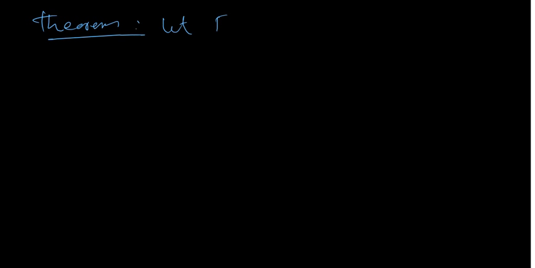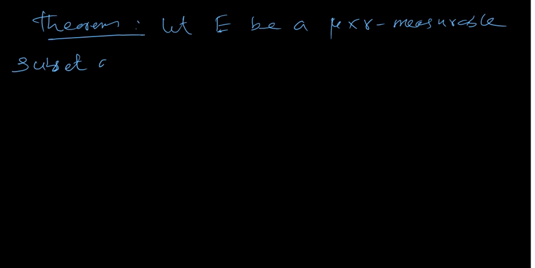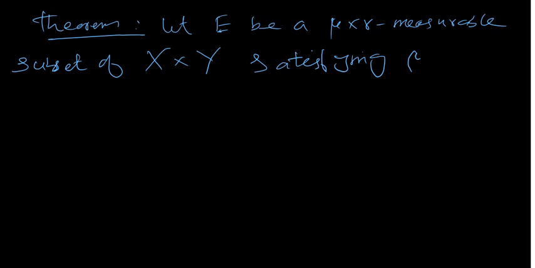Let E be a mu cross nu measurable set, a subset of X cross Y, satisfying that mu cross nu star of E is finite, its measure is finite.